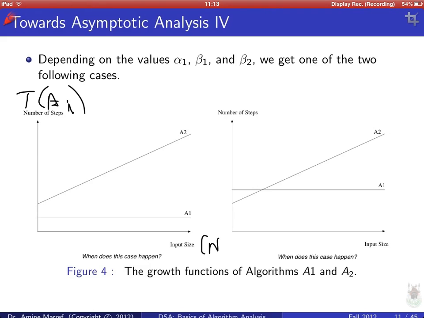Now, if we try to plot these, this is the number of steps, and this is the value of what? N. So, when n is 1, how many steps do we have here? Okay, let's not call them steps. Let's call them, for example, number of increments. Let's ignore what happens inside the loop for a moment. Let's ignore the conditions and the increment of the i, etc., because these are all operations.